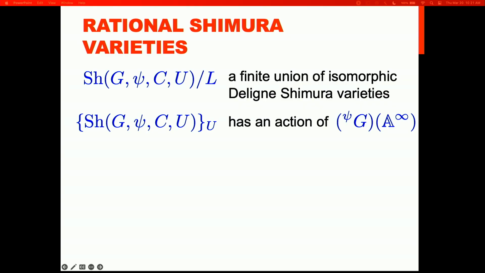As we allow U to vary, we get an action of the finite adelic points of psi of G, as one might expect. In fact, one gets the action of a slightly bigger group that I don't have time to define that has the property that it permutes transitively the constituent Deligne-Shimura varieties.